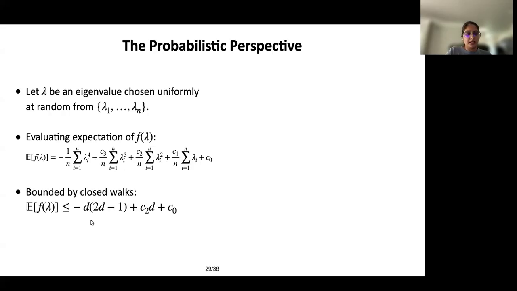Later, we can give an upper bound to this expectation in terms of d. This is because each of these terms basically counts the number of closed walks of length 4, closed walks of length 3, closed walks of length 2 in my graph. So using the bounds on the number of closed walks, we can give a bound on the expectation of f(λ).